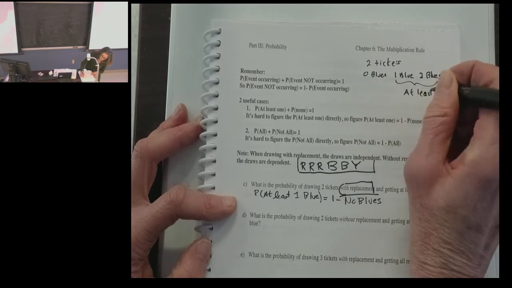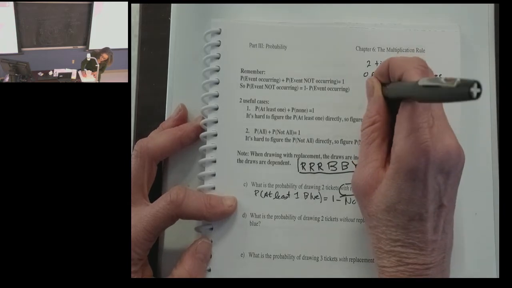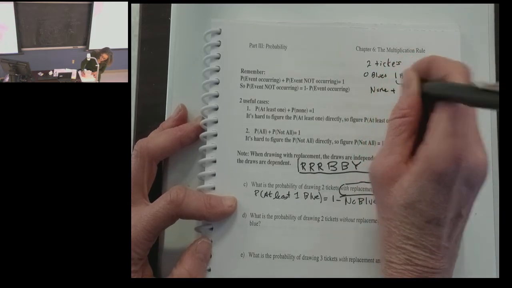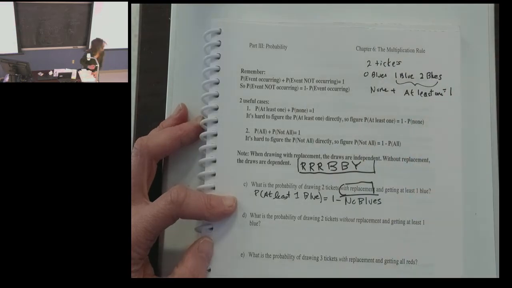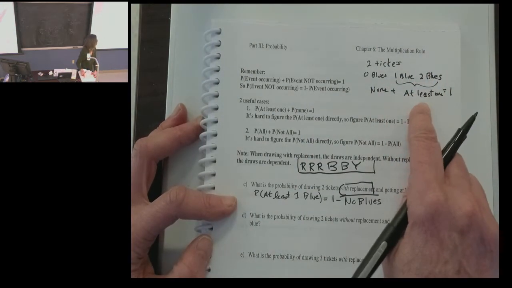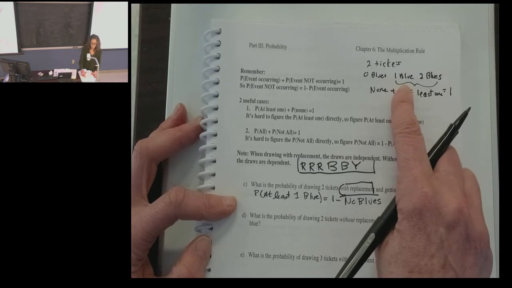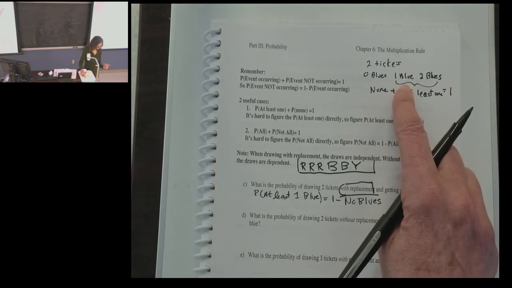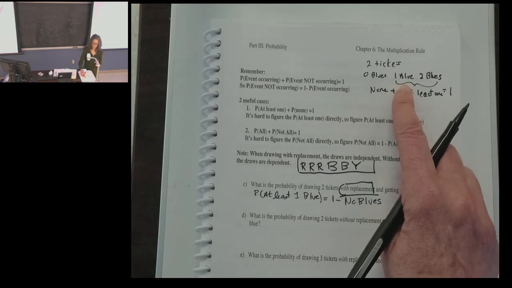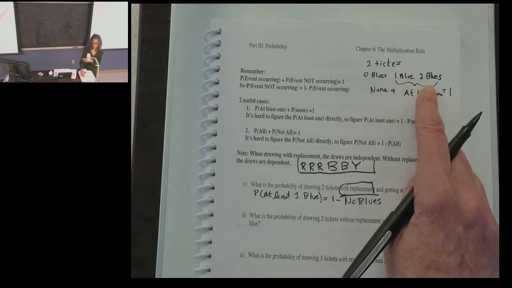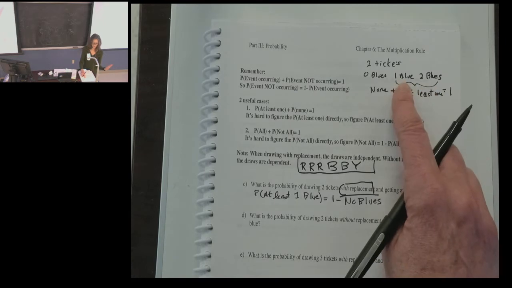And this is none. And together they add up to 100% or 1. Now, why is this one hard to figure out? Because for one blue, you'd have to think of getting a blue on the first and a not blue. Then you'd have to think of a not blue and a blue. And then you'd have to think of 2 blues. It's not that hard. There's 3 possibilities you could do that.